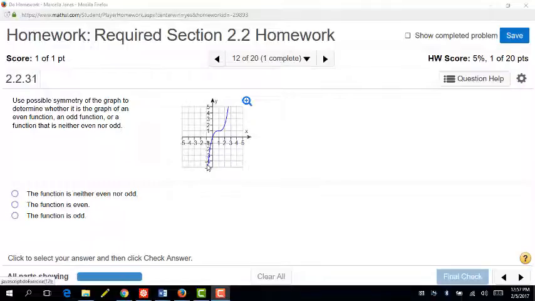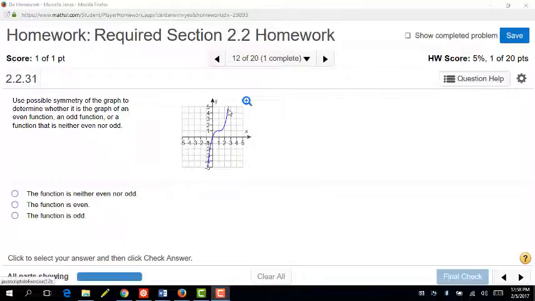And it has to happen for the entire graph. So we have a portion of the graph left of the y-axis lying in quadrant 3, and we don't see the mirror image of that in quadrant 4, which would be the right side of the y-axis.